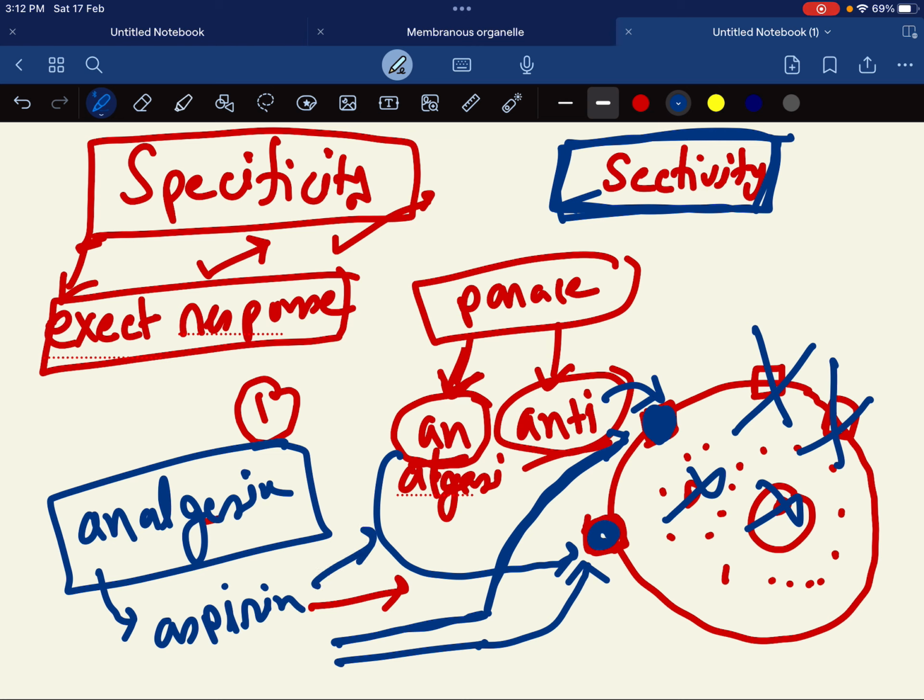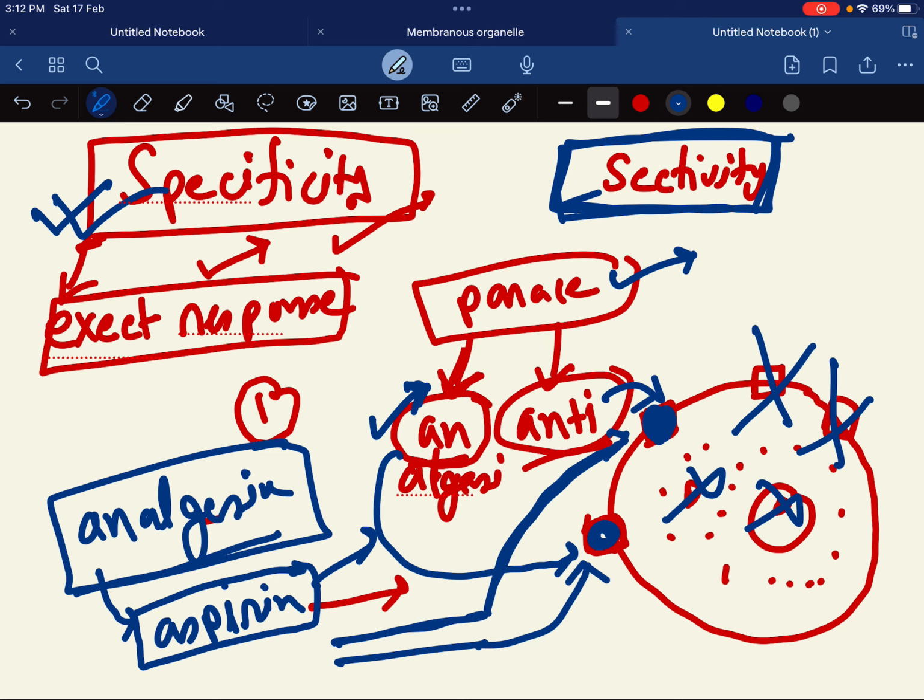Why? Because although paracetamol can produce analgesia, when I want the action selectively or specifically on analgesia, aspirin will be more potent than paracetamol in this selective or specific criteria.